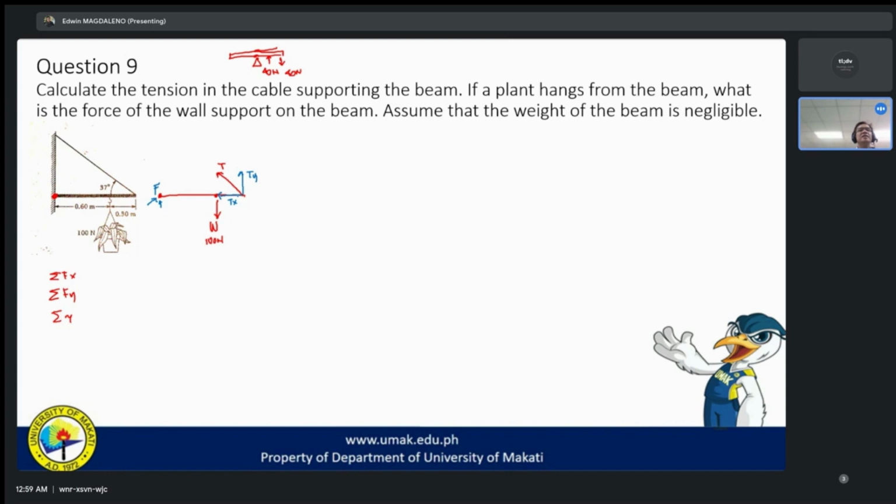So that P sub X will pass through the fulcrum and it will have no effect. Ang effect niya, possibly compression. Okay? May compression siya. So, meron siyang force along the X. Magkakaroon siya ng compression. Pero that's a different story. Ang problema natin is the tension P sub Y.